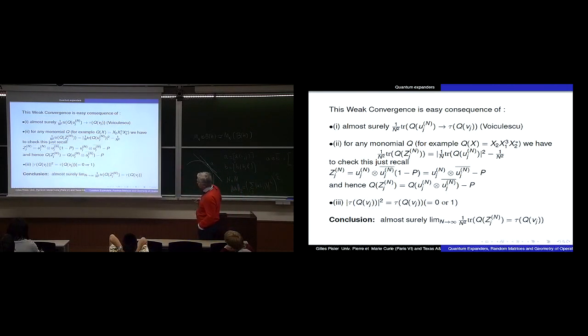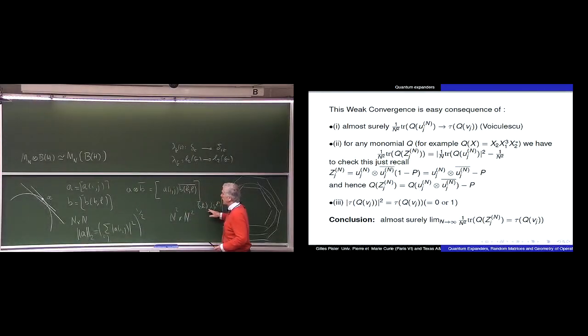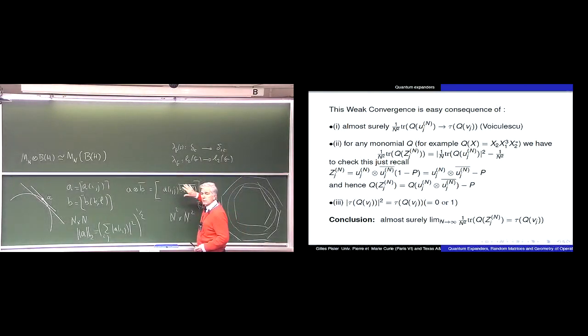So that's Voiculescu's well-known result. And then the second observation is just a simple calculation involving the trace. Well, it's written here. When you compute the trace of an element like that, you will get the trace of this times the complex conjugate of the trace of this.